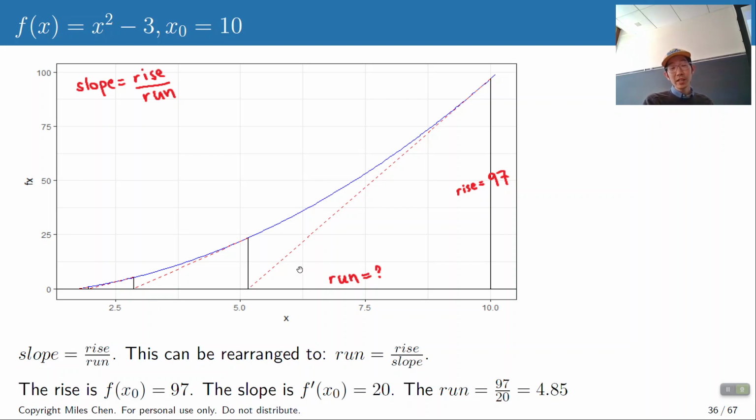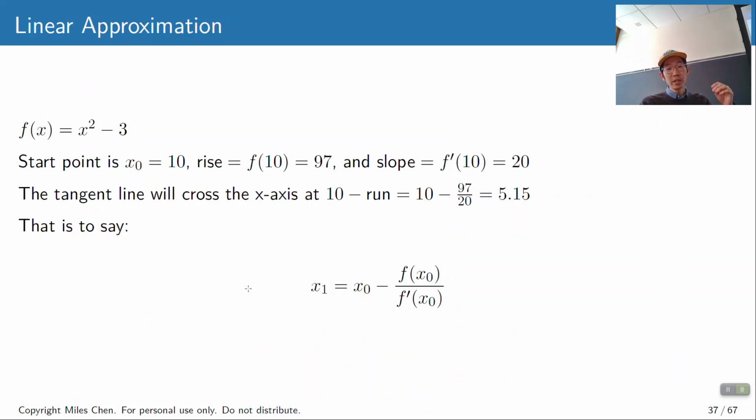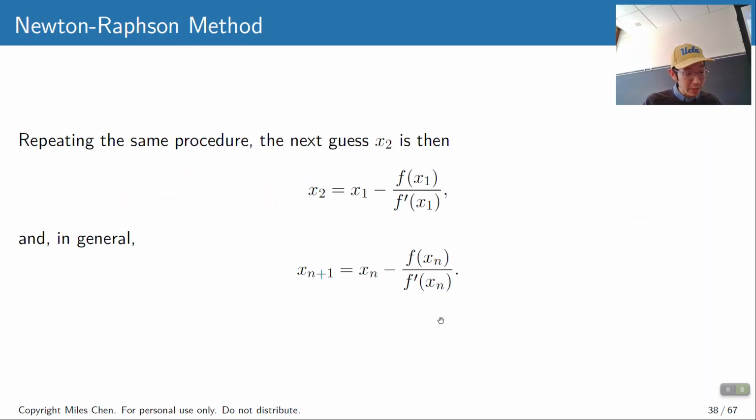The length of this is 4.85, so it crosses the x-axis at 5.15, which is 10 minus 4.85. So x1 is going to be my current value, x0, which is 10, minus f of x0 divided by f prime of x0, and that's what we get.